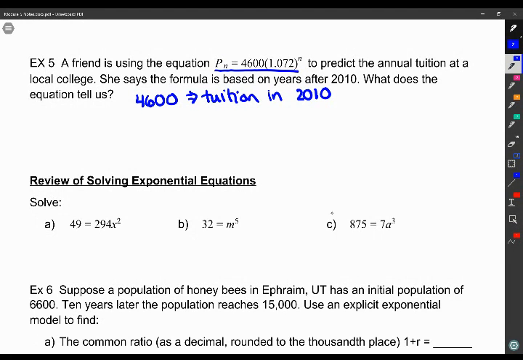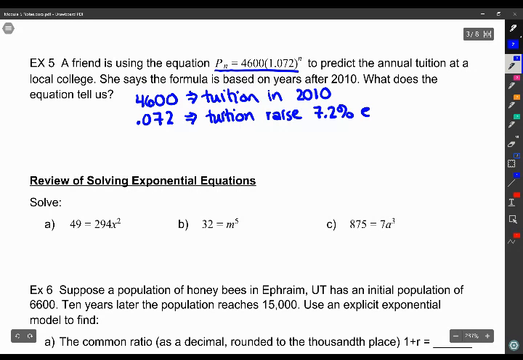And then if I move my decimal point over 2 times, the 0.072 means that my tuition is going to raise 7.2% each year. And that's what I can tell from that problem.